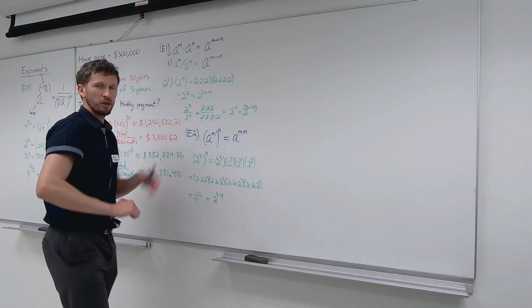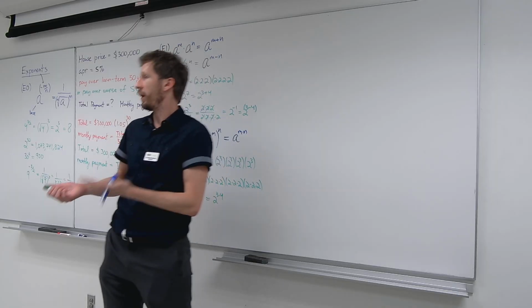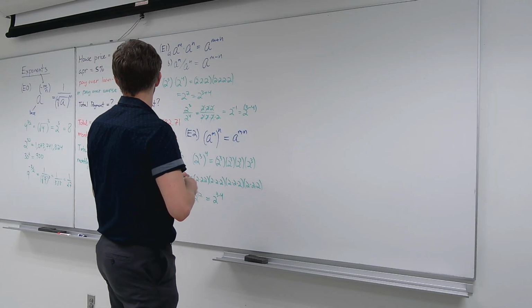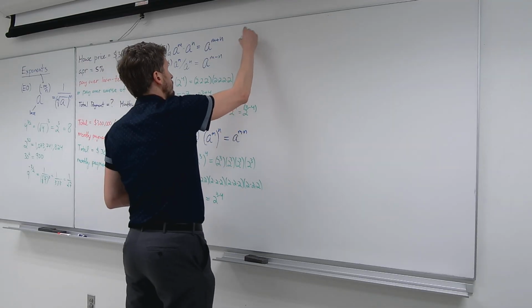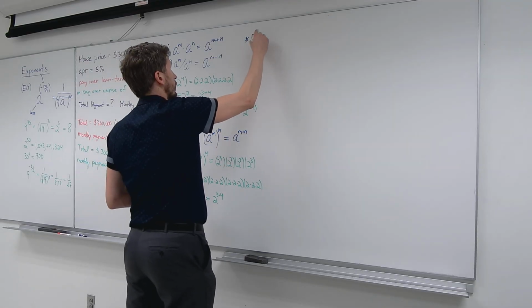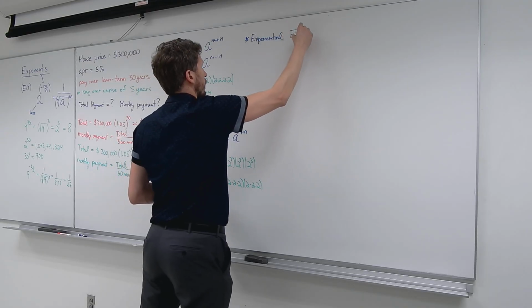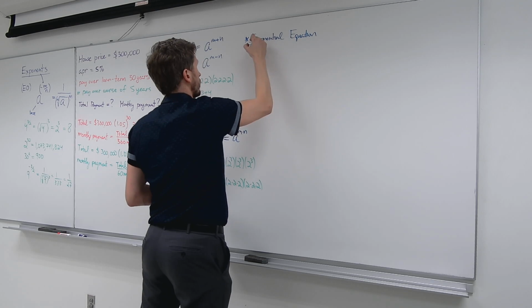And so now what am I doing with this? Let me show you an equation that can be done. So for example, let's do an exponential equation, it's called. Let me show you one like this.